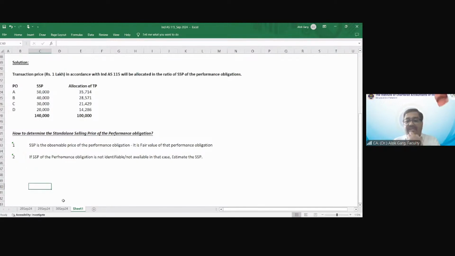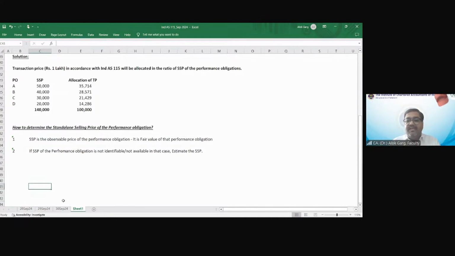Sir, how to estimate the standalone selling price? Pooja is saying similar business in market. You're right, Pooja. But the standard has given you some approaches. What are the approaches? If the standalone selling price is not identifiable, then estimate the standalone selling price.